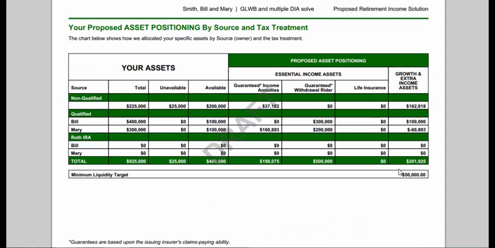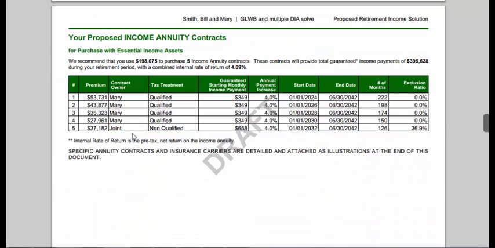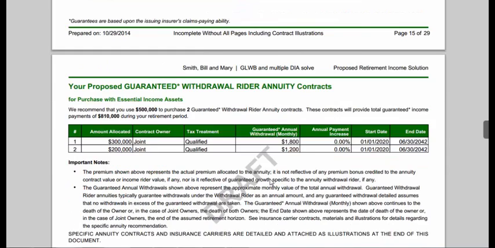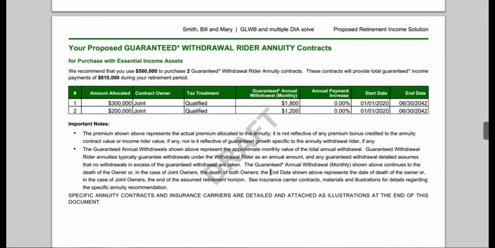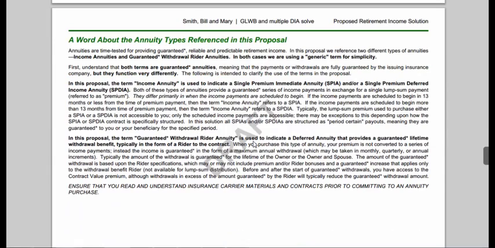Next page is just a nice summary of what we did with the money, what we started off with, what we purchased: the contracts that we purchased with the deferred income annuity, the contracts we purchased with the XYZ company FIA, the GLWB, and then we explain to the client what the bank account is for.